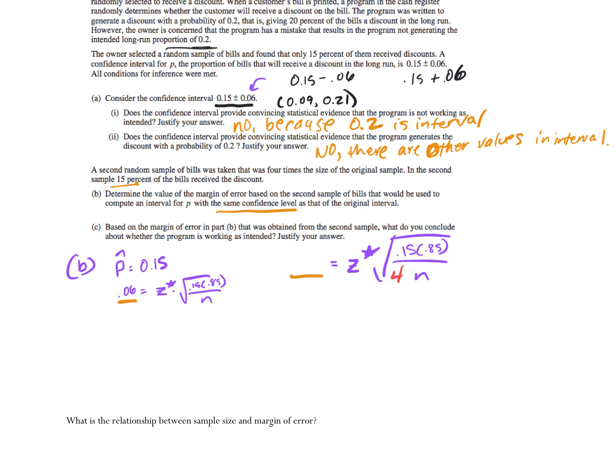So guess what my new margin of error would be? 0.06 divided by the square root of 4. Can we see that?